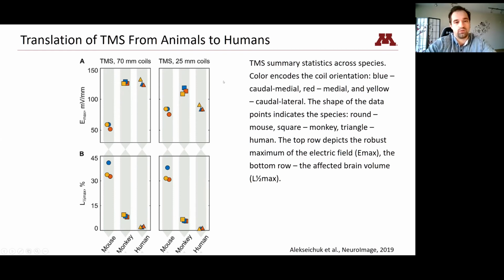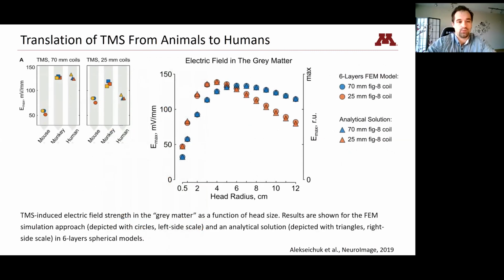for human if you use smaller coils that are sometimes typical in animal research. The reason for this drop, and we can explore this analytically, is that first the intensity increases with the growing head size from mouse to monkey, because the bigger the brain, the higher proportion of magnetic flux it can capture, and the stronger the magnetic field.